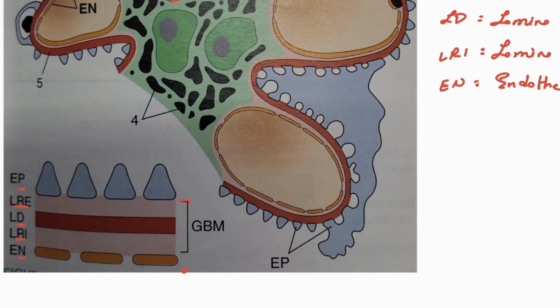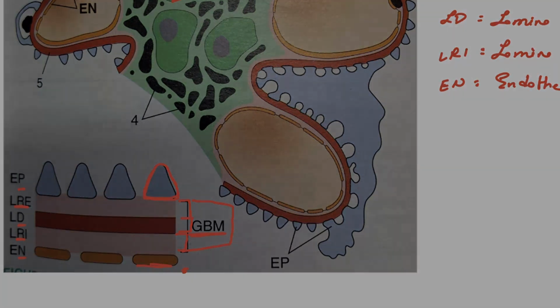And here lamina rara externa, lamina densa and lamina rara interna, these three compose together to form the glomerular basement membrane. This is the endothelium and this is the podocyte, which is present in the epithelium. Okay, I hope you are clear up to now.